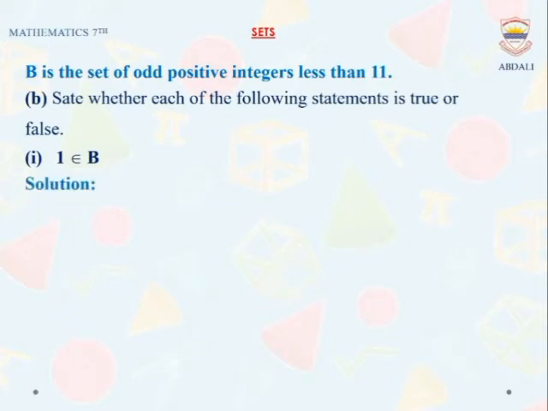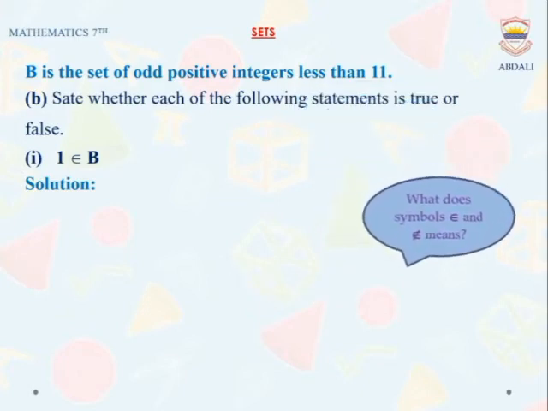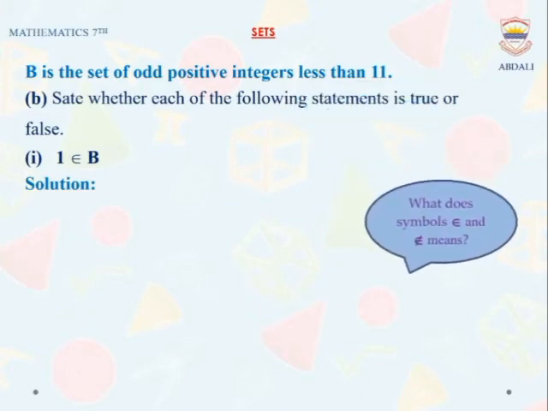Now a question will arise: what do the symbols ∈ and ∉ mean? Class, listen to me carefully: the symbol ∈ means belongs to and ∉ means does not belong to.